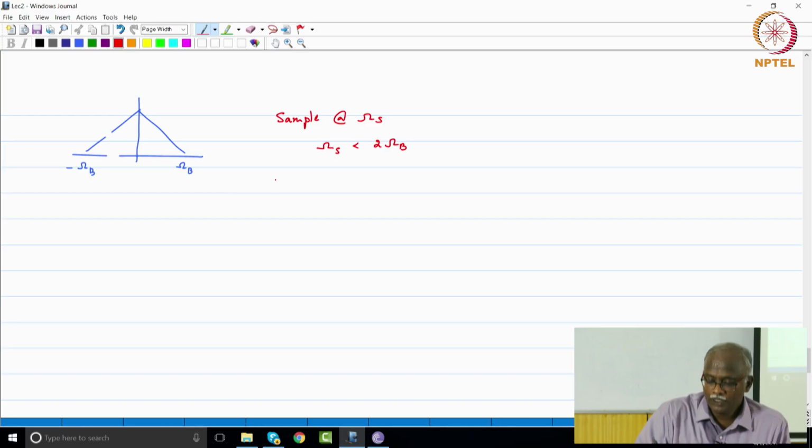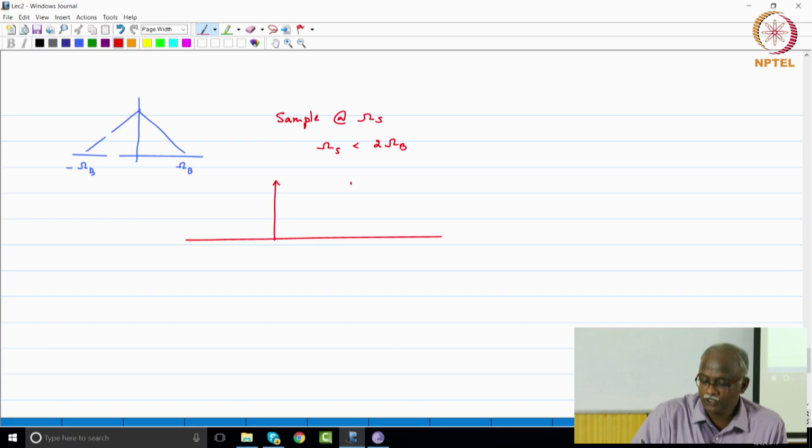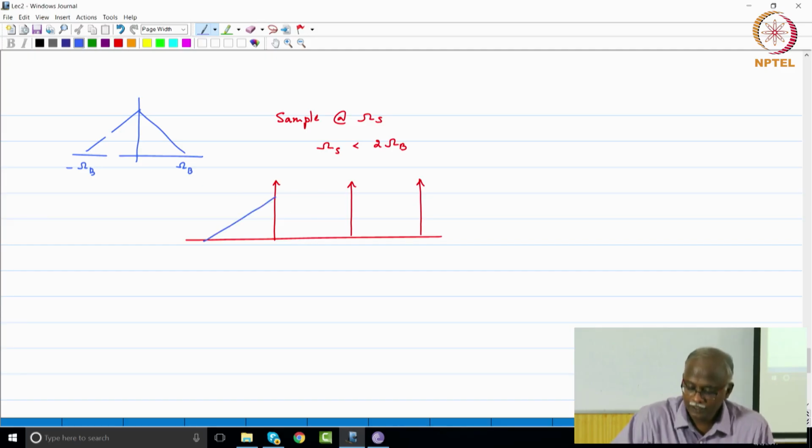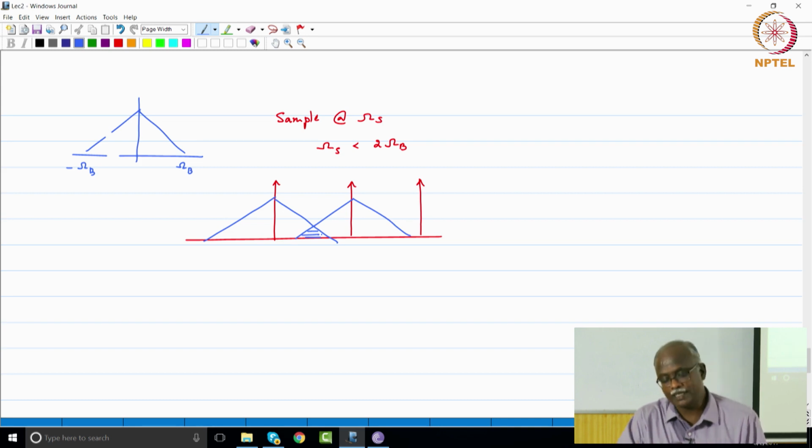So in other words, my copies of the impulse train are at multiples of omega s. The signal bandwidth is going to, okay. So obviously there is a problem with this portion because the copies are overlapping.